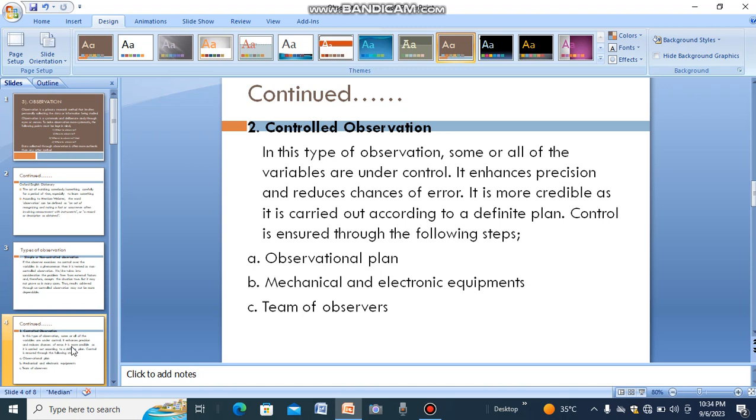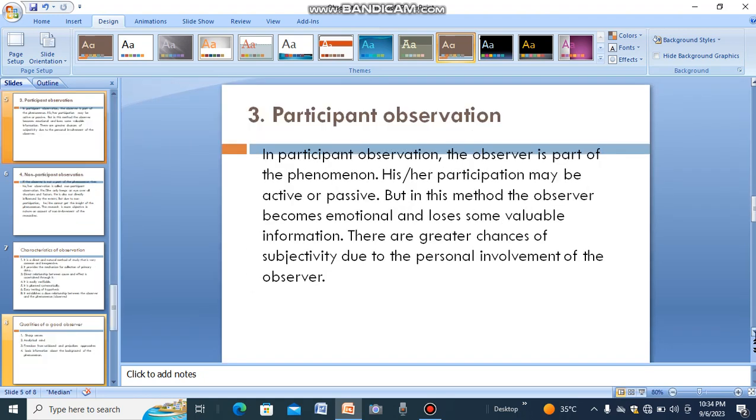Then the participant observation. In the participant observation, the observer is part of the phenomenon or the research. His or her participation may be active or passive, so it is not necessary that he may be active.